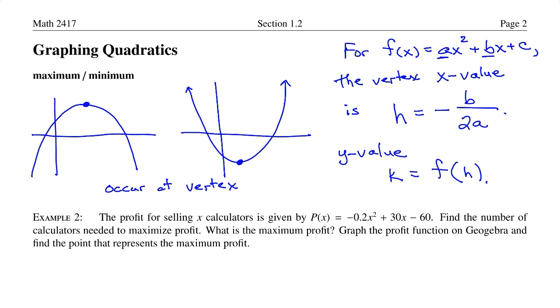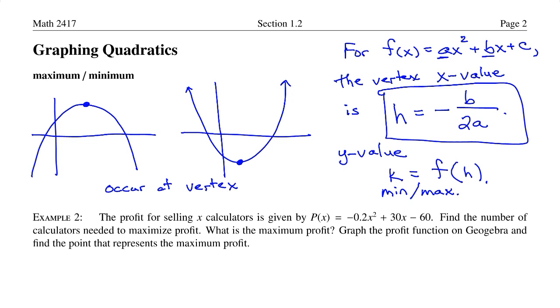So what I do is I focus on this formula for the x, and then I just remember that it's a point on the graph. So if I plug in that x value, I'll get the y value, and that y value is the minimum value or the maximum value, depending on the orientation.